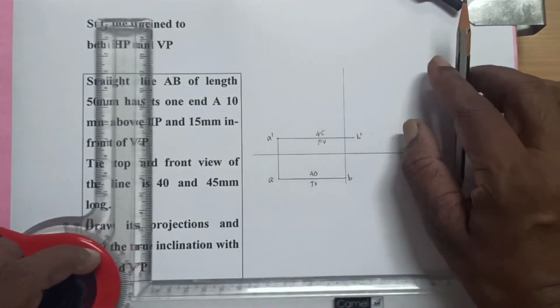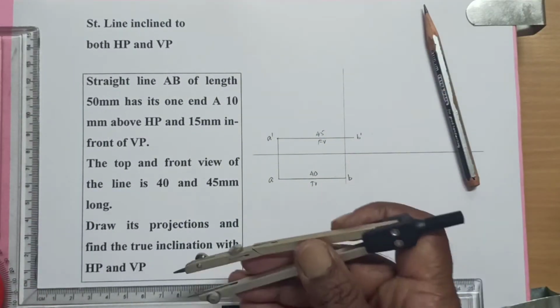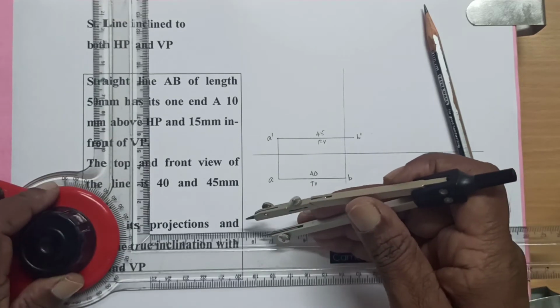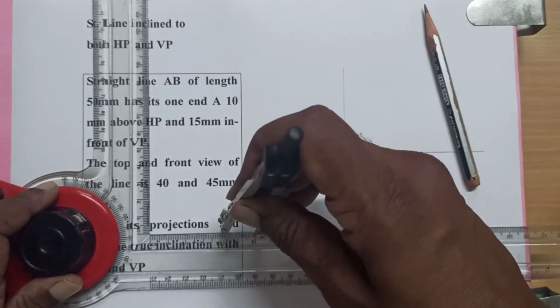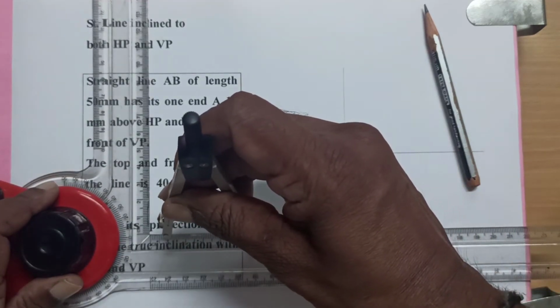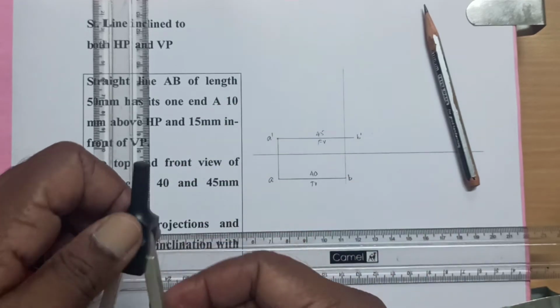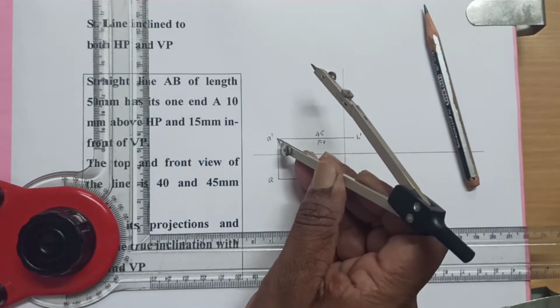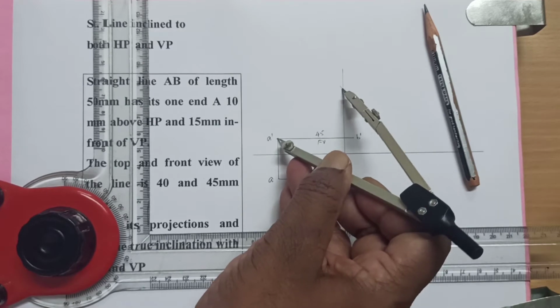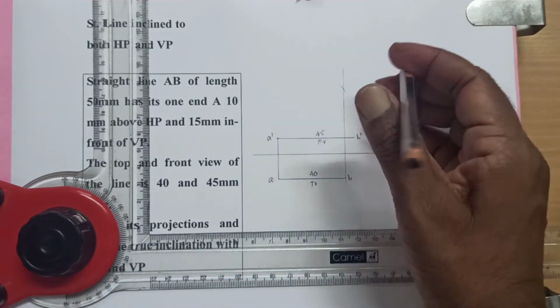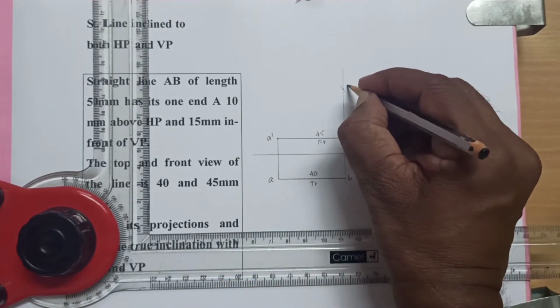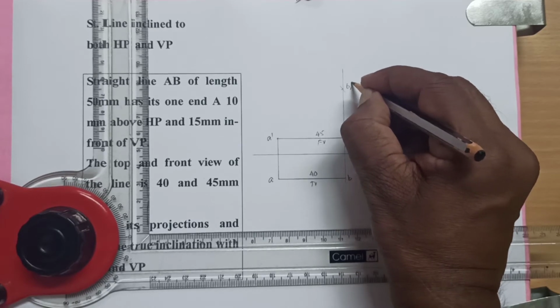Now here we can mark the true length 50 mm by making an arc. So we take the line of 50 mm, and from this end A we mark one arc to represent the true length of this straight line, which is called your B1 dash.